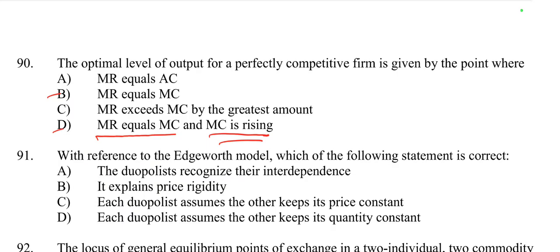This second condition ensures that the firm is maximizing its profit by producing the quantity where the cost of producing an additional unit equals the revenue generated from selling that unit. So the two conditions are MC equals MR and MC is rising. So option D is right here.